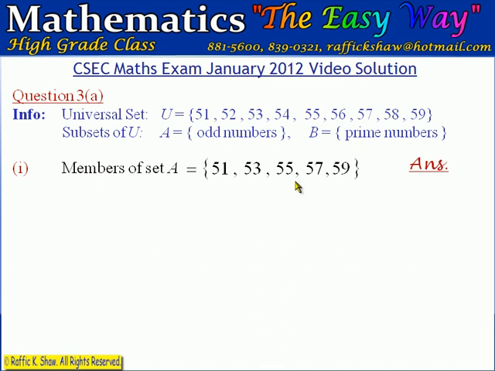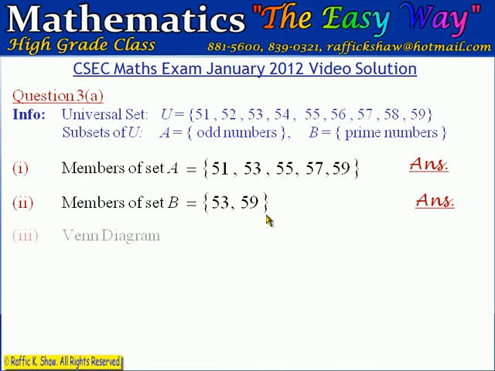Now remember, prime numbers are numbers that can only be divided by themselves and 1. And in this universal set, the prime numbers, which would be set B, are 53 and 59. So those are your prime numbers in the universal set. So that is set B.